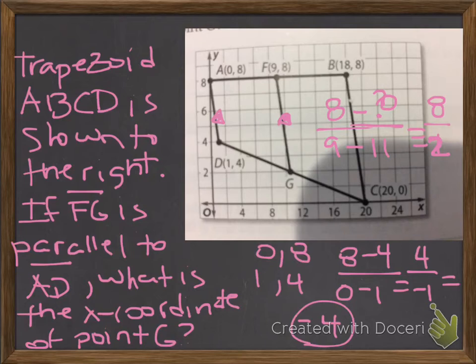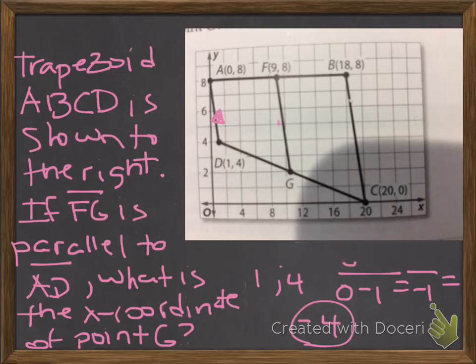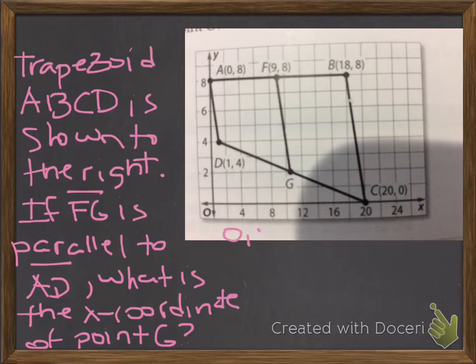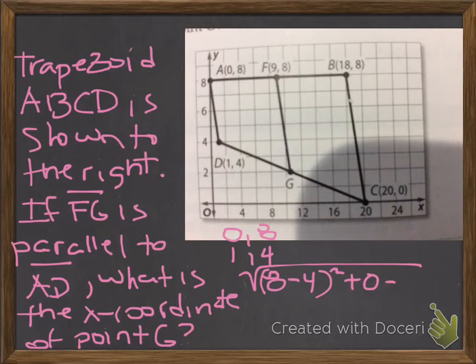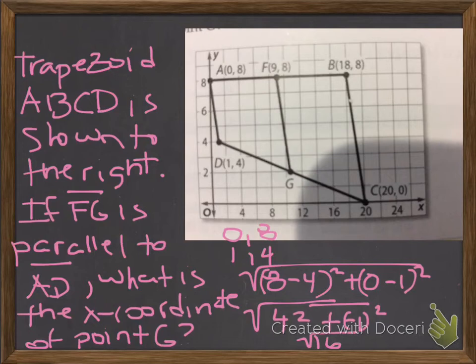So if we use the distance formula for AD, let's try it a different way. We have (0, 8) and (1, 4). Let's find the distance of that. That's the square root of 17.